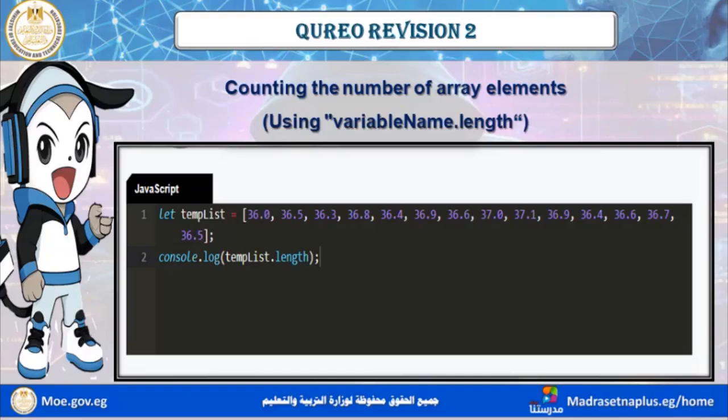We have 14 elements, so the result will be 14. Length doesn't care about the value of these items, but cares about the number of these items. The temp list array contains 14 elements.